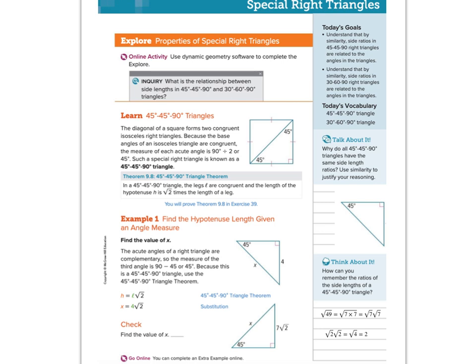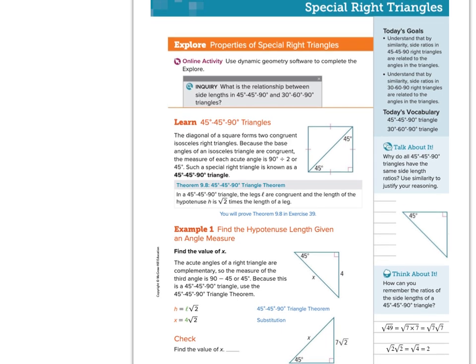Now, if we were to try to find the length of the hypotenuse, we could do that using the Pythagorean theorem. With A, B, C, Pythagoras said that if you have a right triangle, A squared plus B squared is equal to C squared.